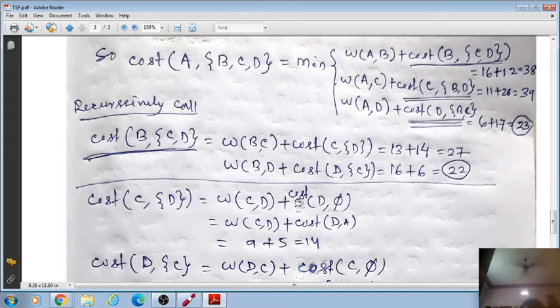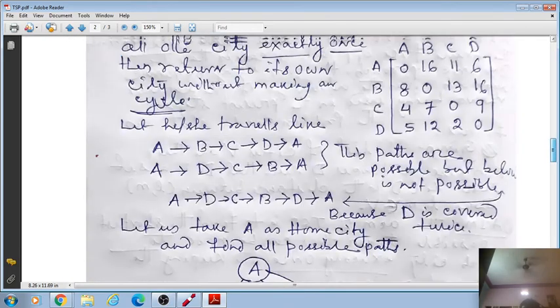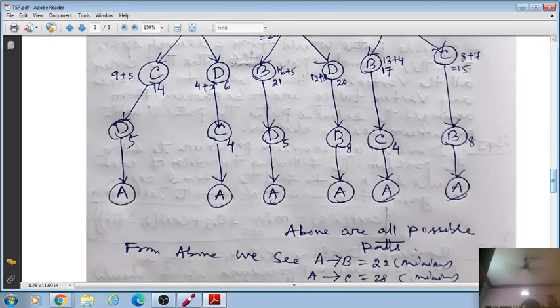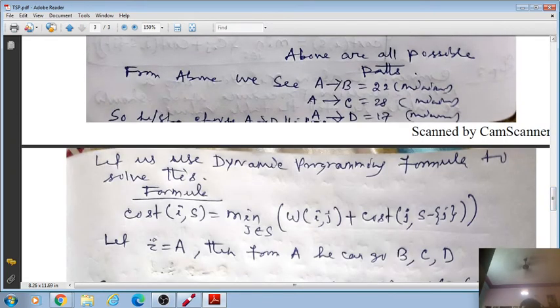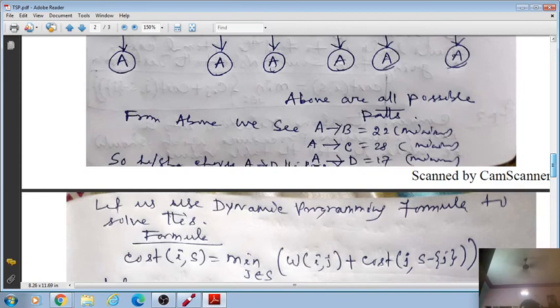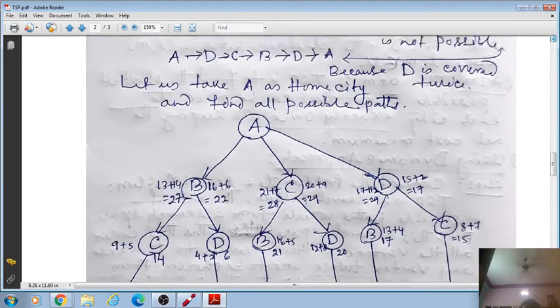So C to D is how much? Just check it. In the graph, C to D is 9. Okay, so I have written 9 there. You can mark it. C to D is 9. So that is cost of D, meaning weight of D to A. What is the D to A? Let us go there again. Okay, this is D to A. You can check there.